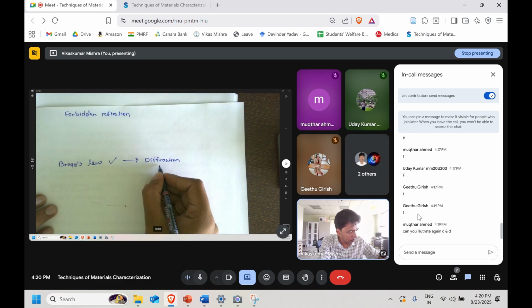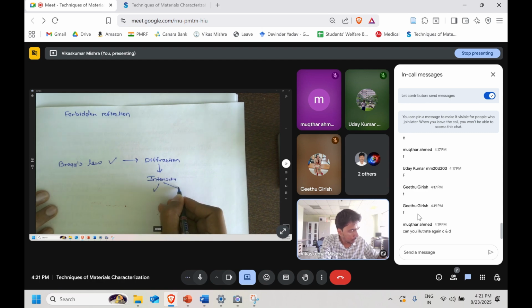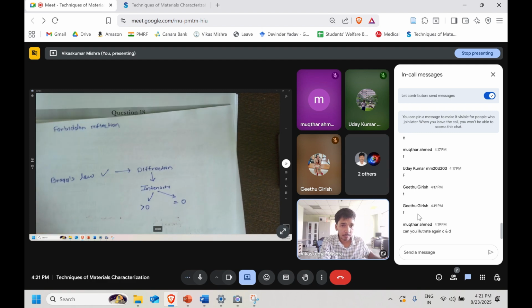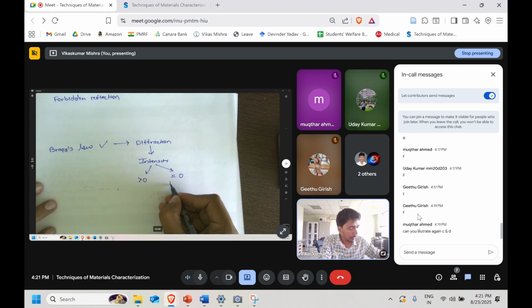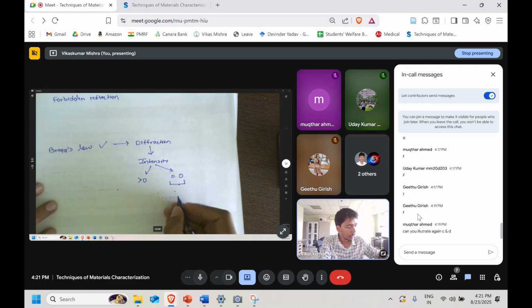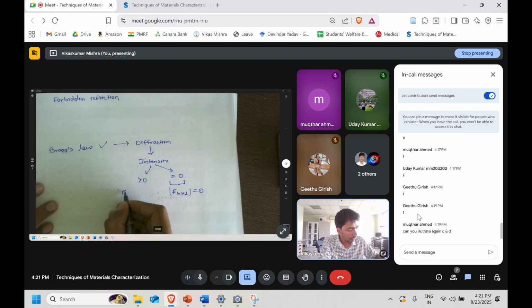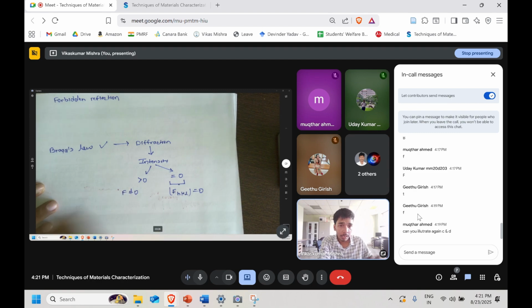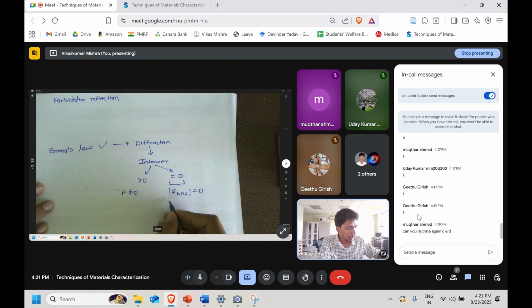Now, whether this diffraction will have intensity: the intensity value is more than 0, or equal to 0. If the intensity is 0, it means that you are not getting the diffraction pattern. This is happening when the structure factor is 0. If the structure factor is non-zero, in that case you will get certain intensity. If this is 0, this is what we call the forbidden reflection.